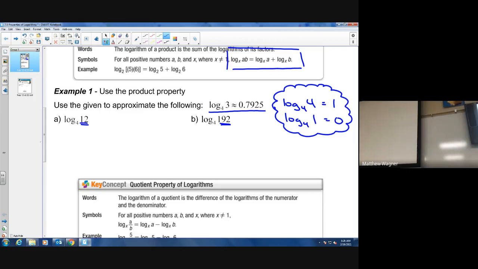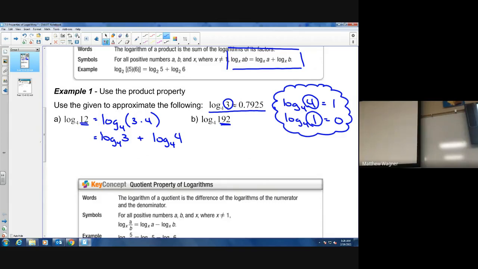All right. In this instance, we're just looking at the product. So I'm thinking of how I can use a 3, a 4, and a 1 to create 12. Well, easy enough, right? 12 is 3 times 4. So I have a log of a product. The log of the product is the same thing as logging each number separately and adding them together.